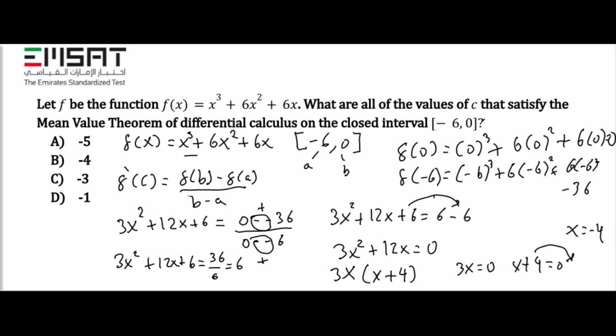Now we have the interval, so c should be greater than negative 6 but less than 0, and the only number between those is negative 4. So 0 is impossible. That's why the answer will be only negative 4, which is option B.